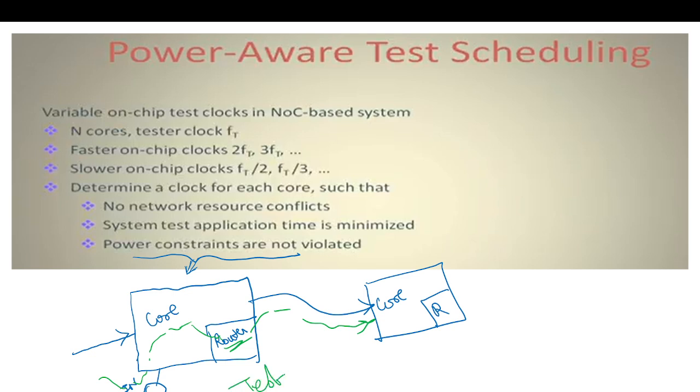During testing, say this is core 1, core 2. Core 1 should also be on. We are not testing core 1, but it still has to be on because it is in the routing path. So power management is for now considering this style and this style. Previously, in the functional operation, if this was idle, we could have turned this off and only this could be on. But in testing, both are on.